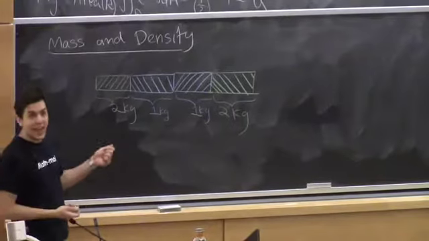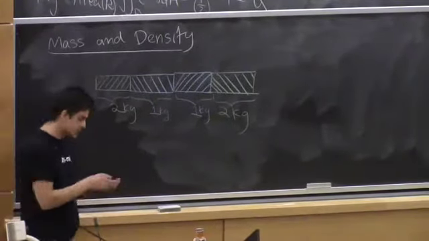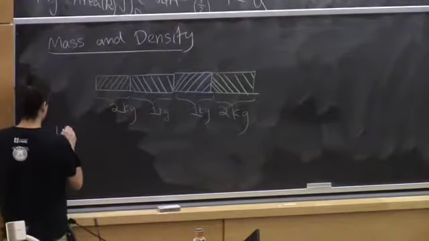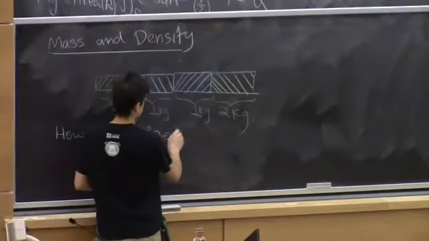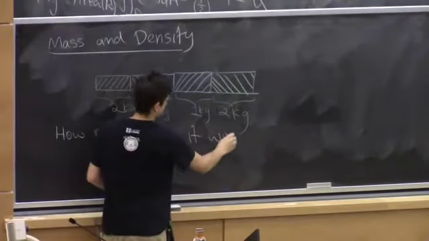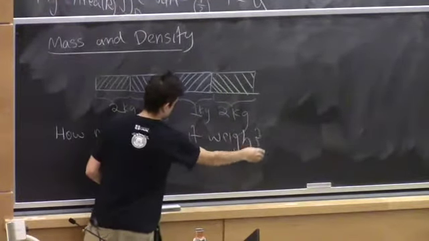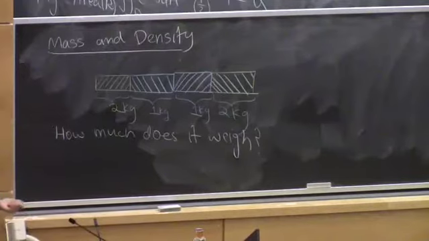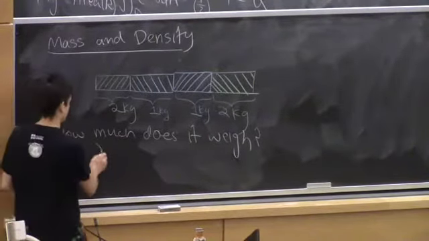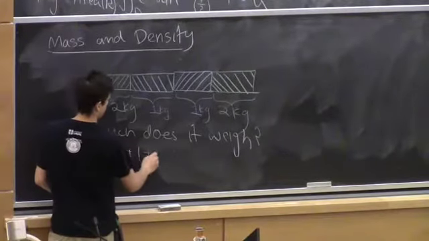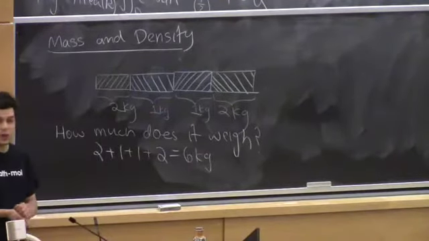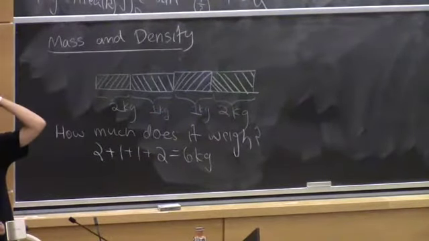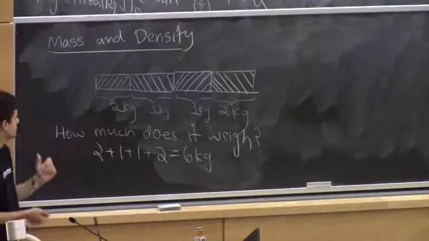We should add up these different weights. So how much does the whole thing weigh? We add up the total and we get 6 kilos. Okay, that's one way of calculating the weight of the thing.